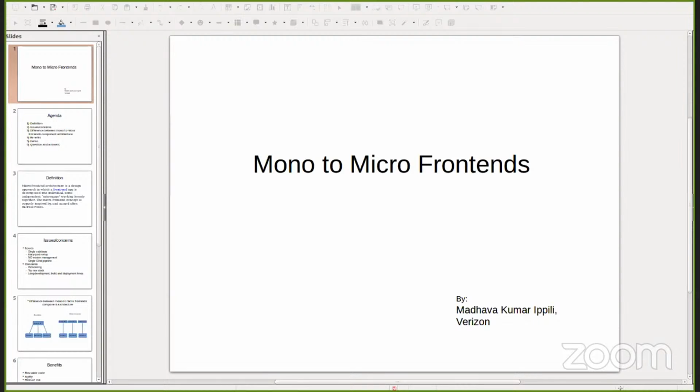I was curious what micro frontends actually do, and whether they have any relation with microservices. Then I came to know that yes, it is an extension, a paradigm they followed from microservices and applied to the front ends, and that's how they call it micro front ends.